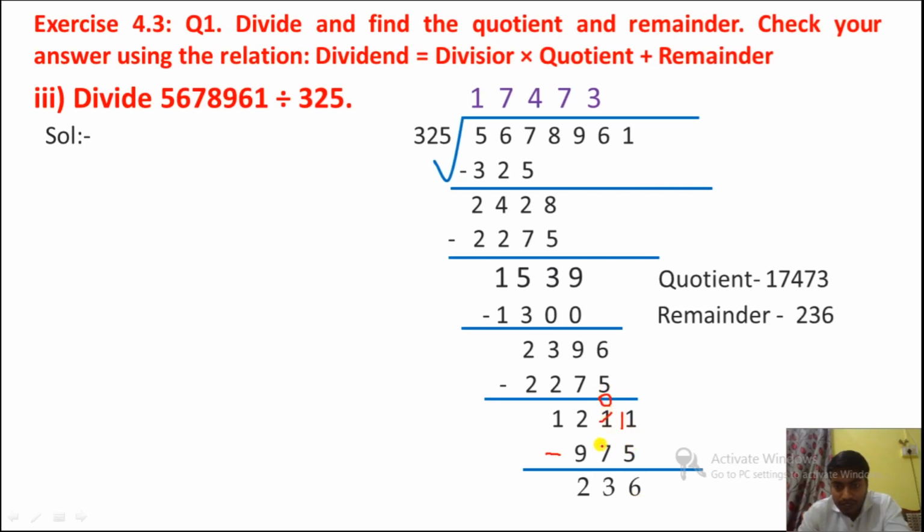Here 0 is less than 7, so this will take borrow from here, so this will become 1 and this will become 10. 10 minus 7 is 3. 1 is less than 9, so this will take borrow from this one, so it will become 11 and here 0. 11 minus 9 is 2. So 236 is the remainder here, and 17,473 is the quotient.